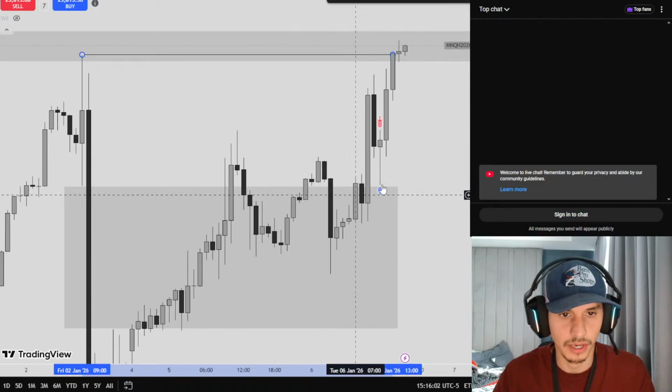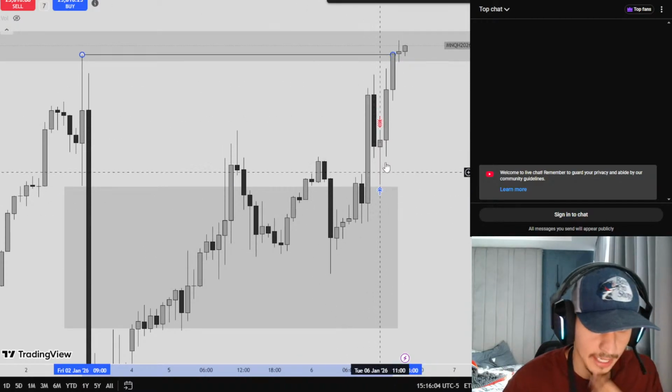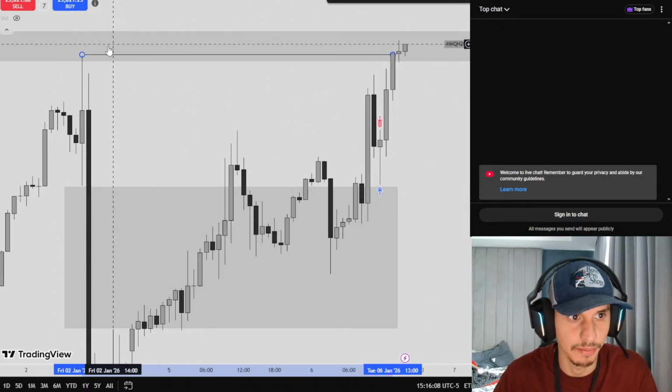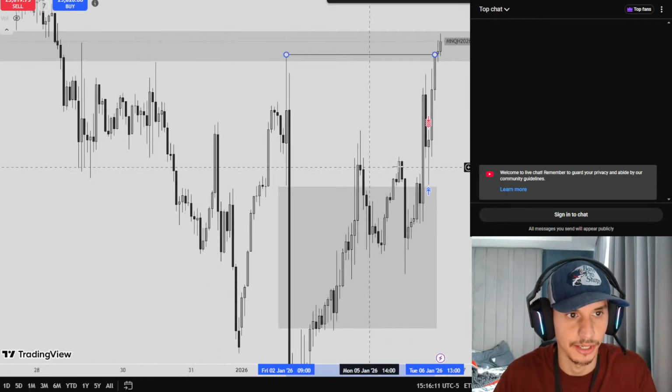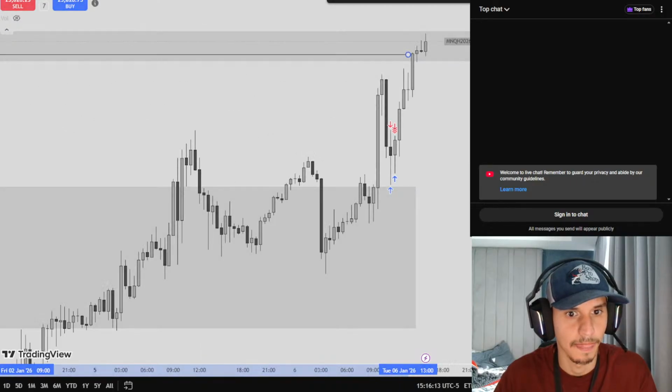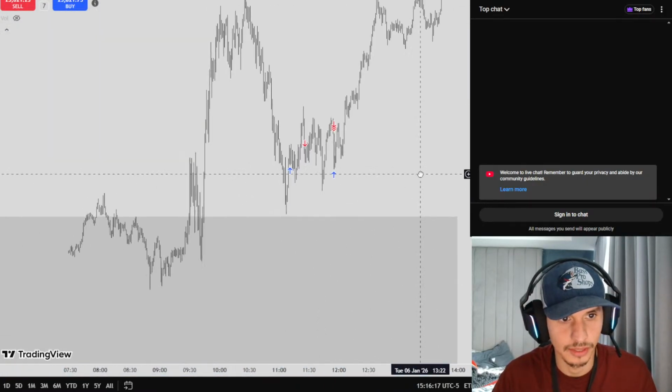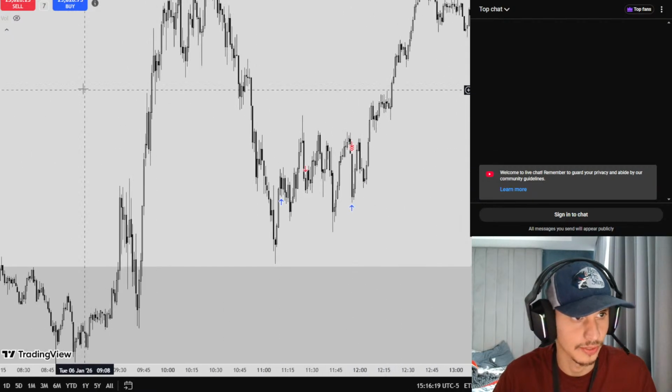This was my whole thought process. Taking both longs was because we knew that the higher time frame wanted to meet these highs right here. So both shorts and longs played out, but we took two longs.